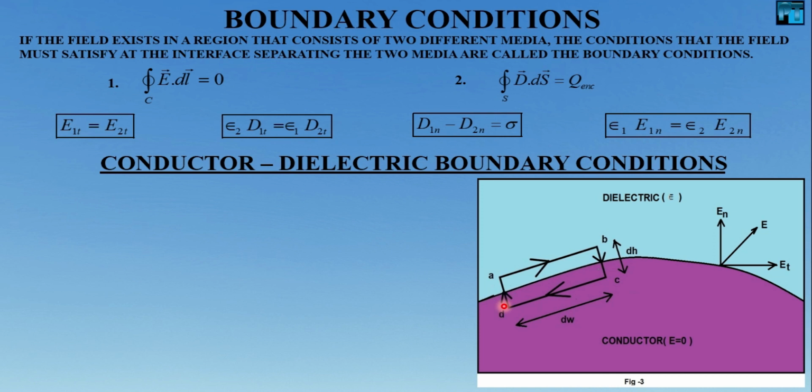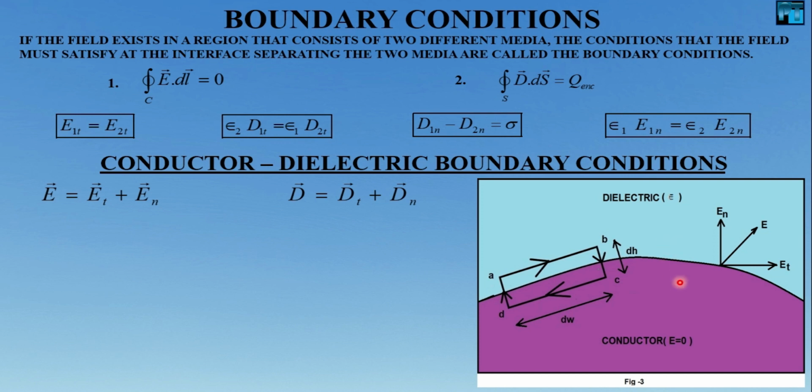Now as we have done before, we are to decompose our E vector and D vector into transverse component and normal component. Since these mediums are different, we are not using any one or two type of notations, because in our previous discussion it was two dielectrics.